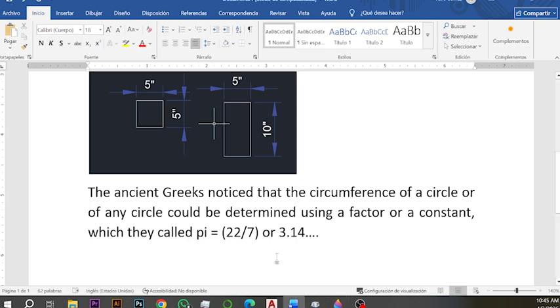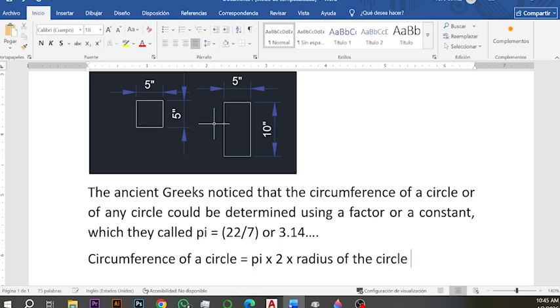So, for instance, the circumference of a circle is equal to pi times 2 times the radius of the circle. Or it's also equal to pi times the diameter.